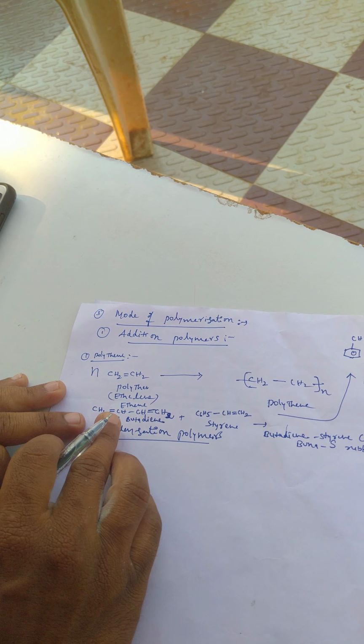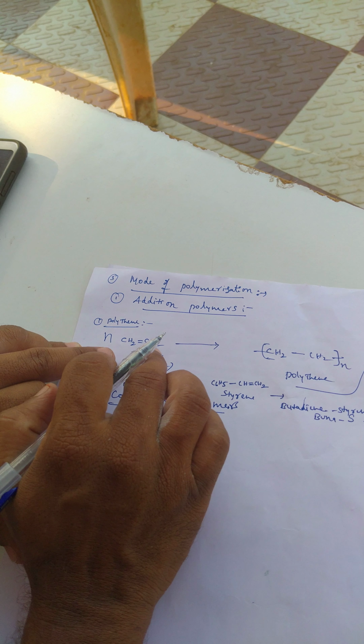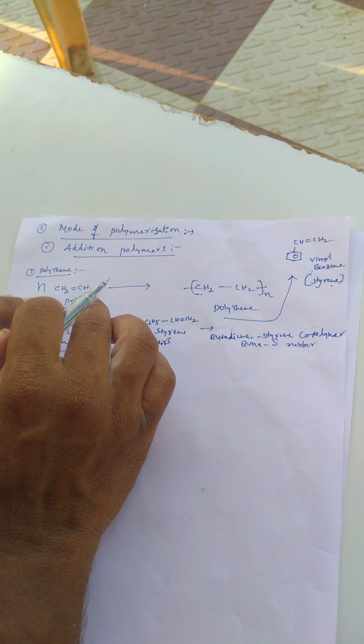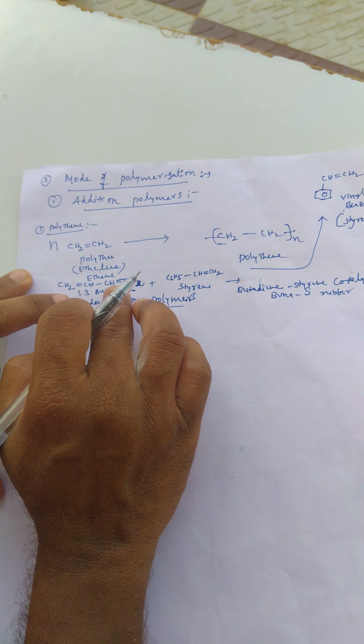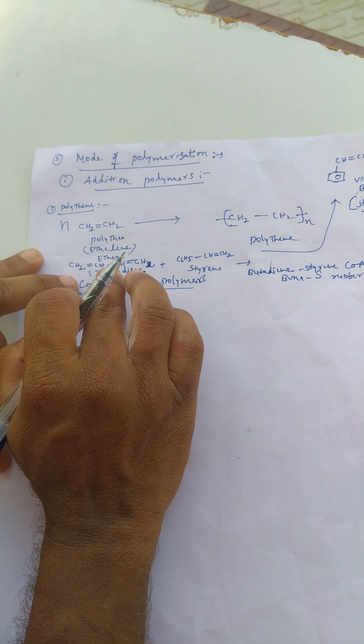In the case of polythene, only one type of monomer is present, that is ethylene. One type of monomer, ethylene, is repeatedly added, and then we get polythene. In the same way, 1,3-butadiene and styrene, two different monomers, are adding, and we'll get butadiene styrene polymer. How are we going to get it?